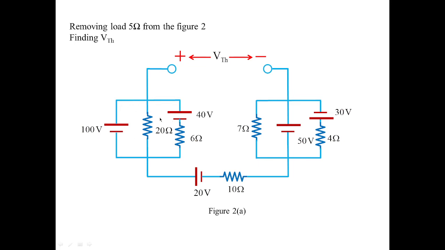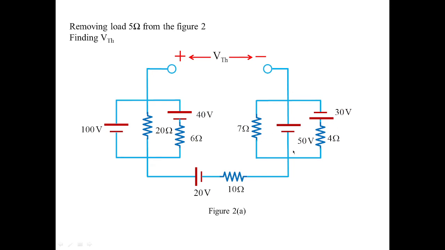The same logic you can apply on the left side of this V Thevenin. You can see 7 ohms is in parallel with 50 volts, and that is again in parallel combination with the series of 30 and 4 ohms. Now overall you have 50 volts which is connected in parallel to these two branches.